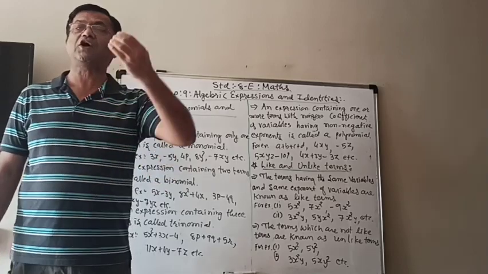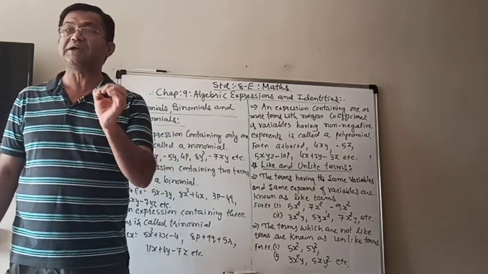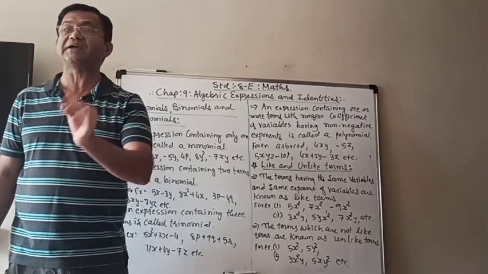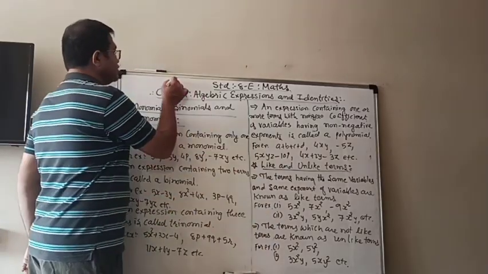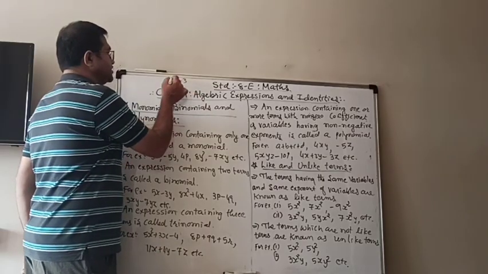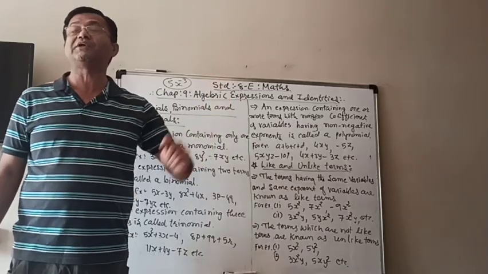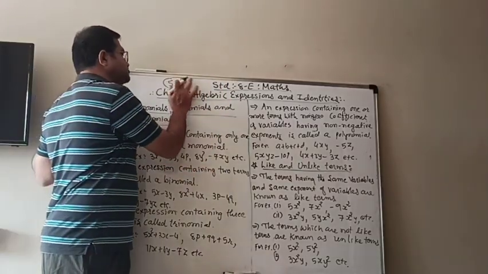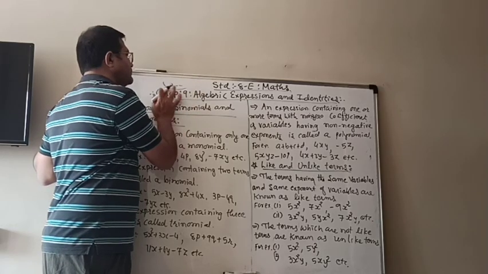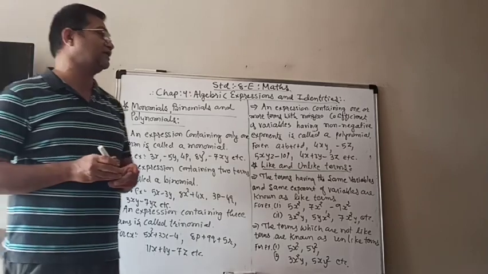It means the power of x or y or any variable cannot be negative. If it is like 5x raised to minus 3, that is an expression, but it is not a polynomial. A polynomial must have either 0 power or positive power, but the exponent cannot be negative.